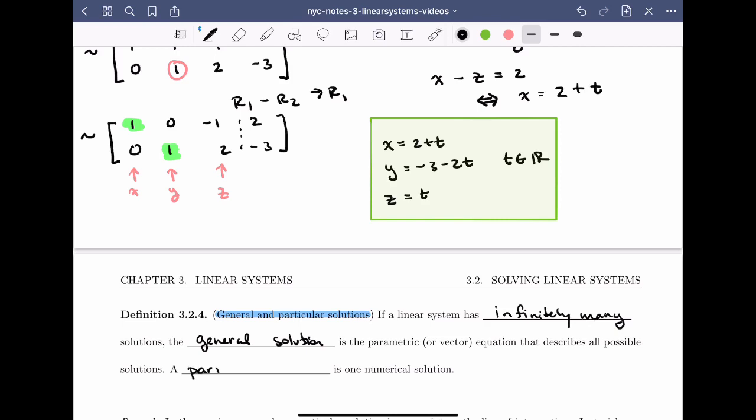A particular solution is one numerical solution. So when we look back at the previous example, we can see that we've already written down in parametric form the general solution.